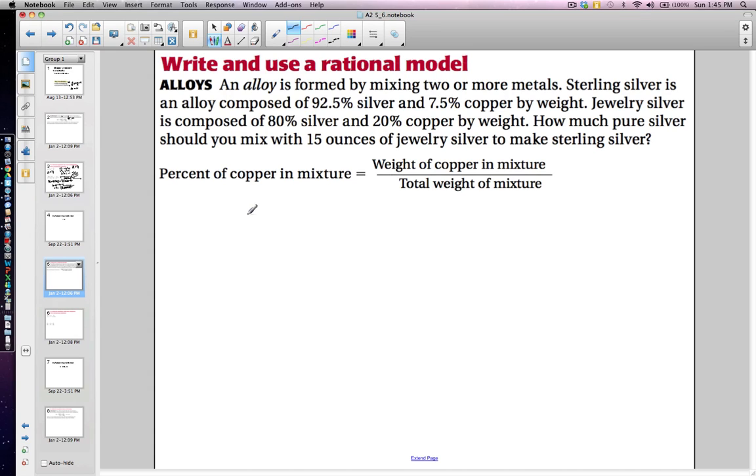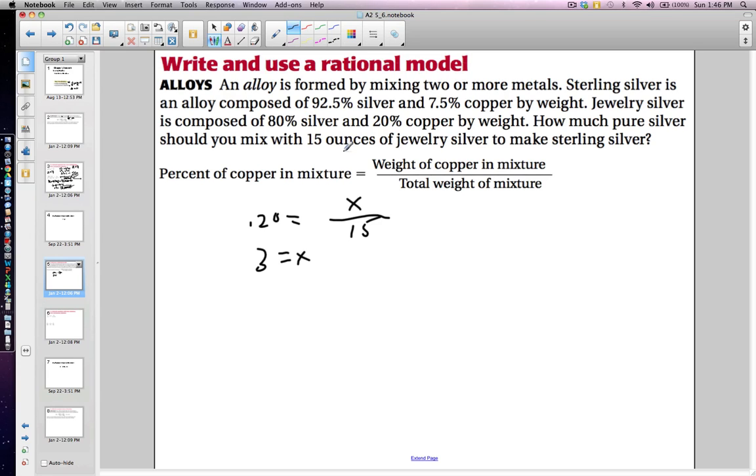So 0.2 times 15 is equal to x, the amount of copper, so 3 is equal to x. But we're really concerned about the silver.